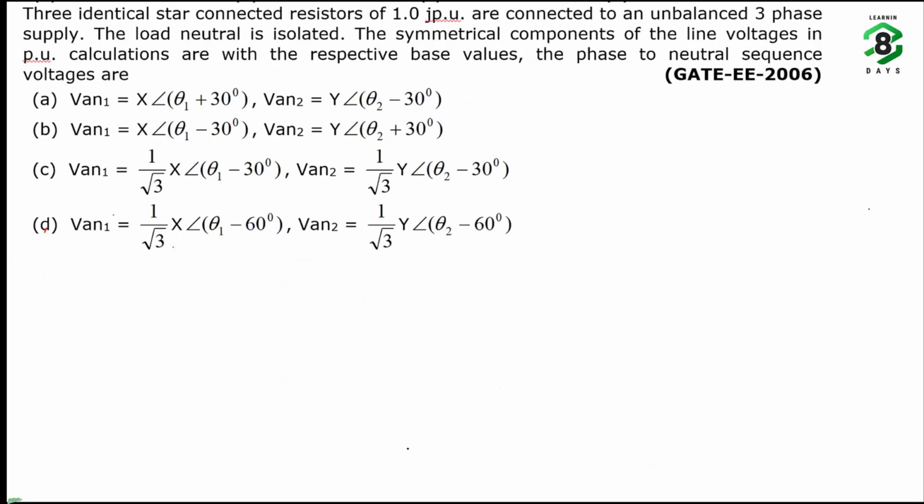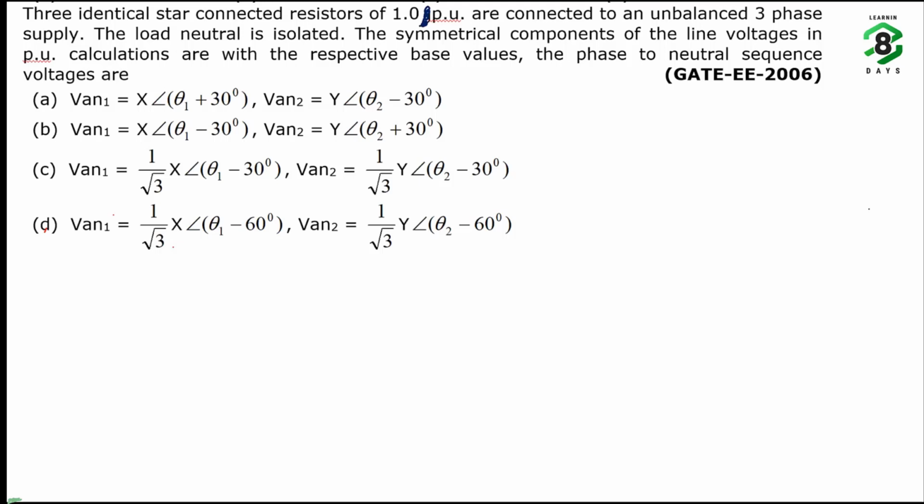3 identical star connected resistors of 1 per unit. J is not there, it's a printing mistake. 3 identical star connected resistors of 1 per unit are connected to an unbalanced 3-phase supply. The load neutral is isolated.